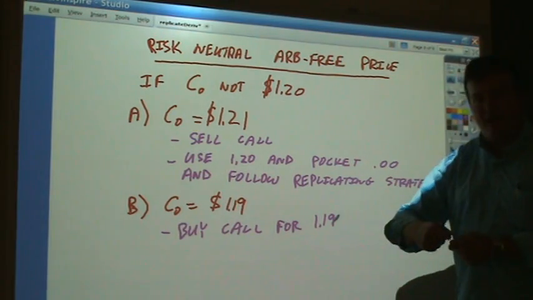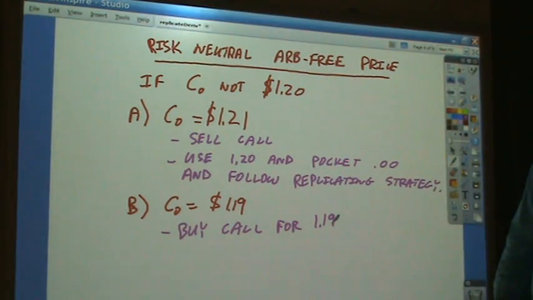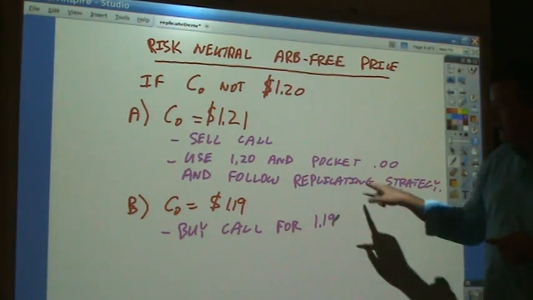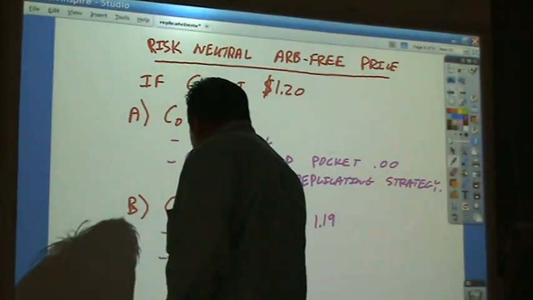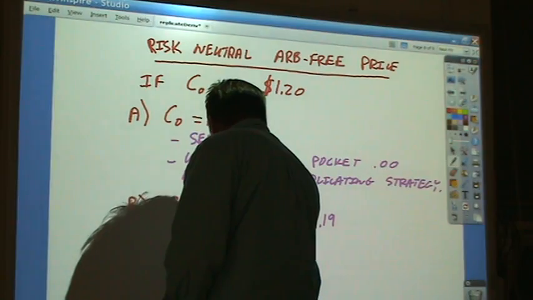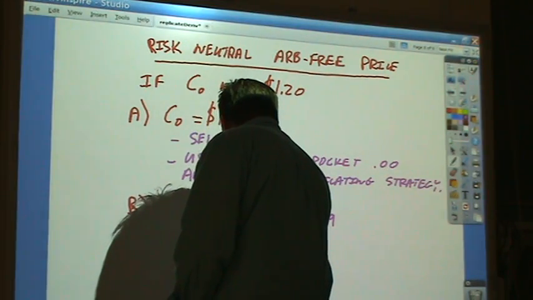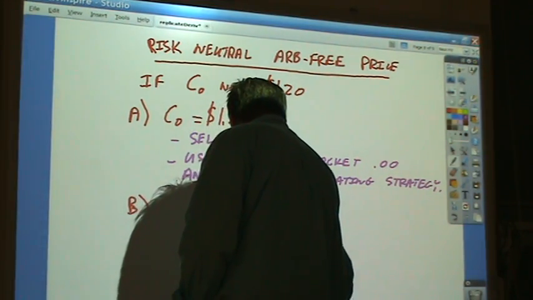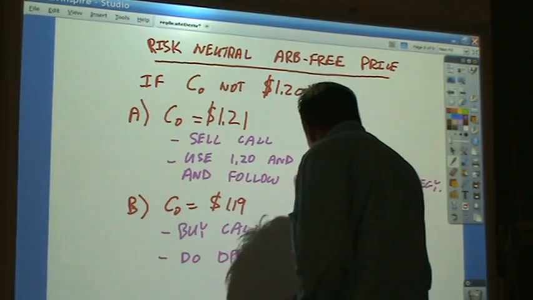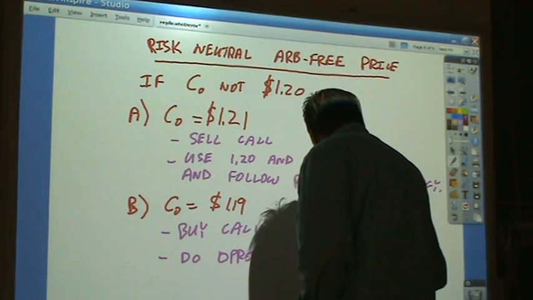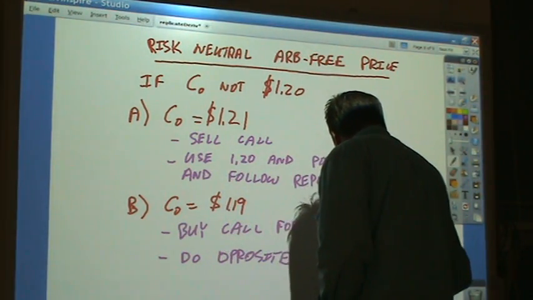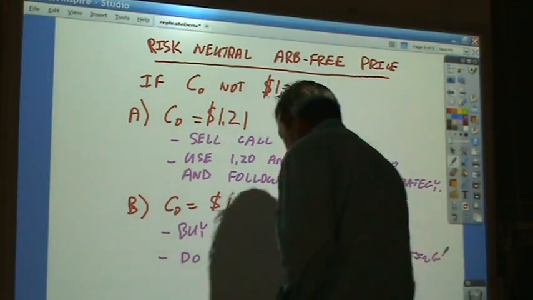That means we pay out $1.19 right now, and then do the exact opposite of the replicating strategy.